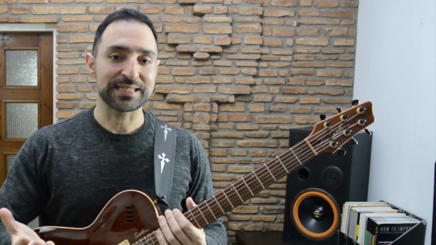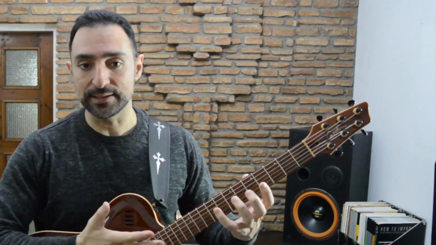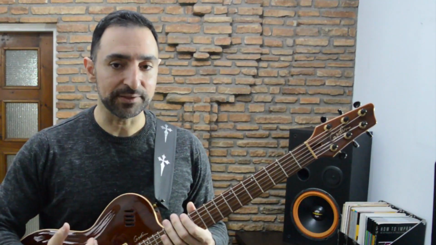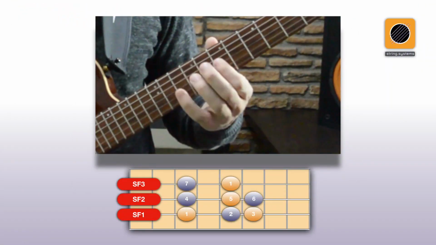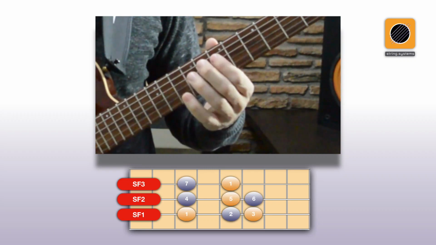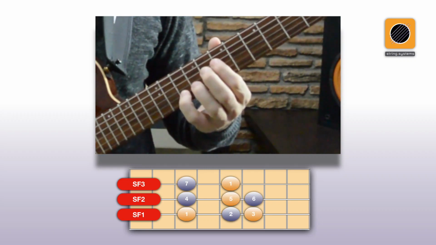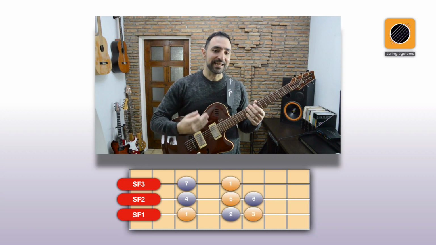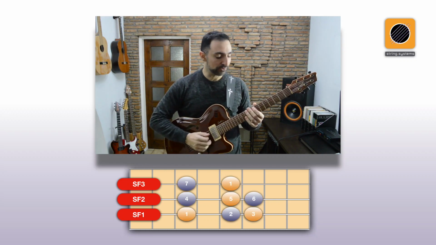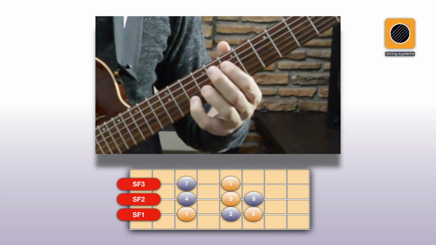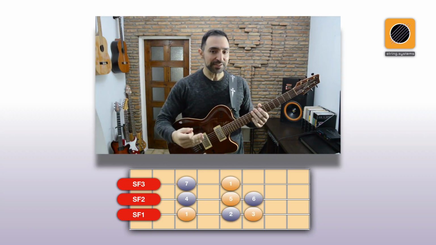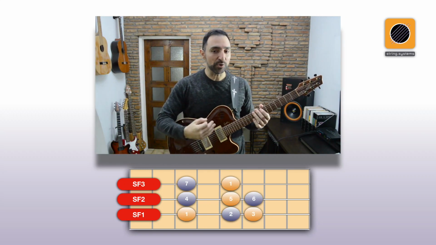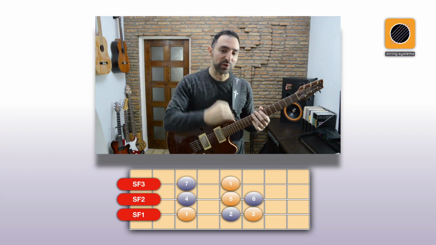For example, if the correct mode is Aeolian, sometimes called the natural minor, then my underlying string fragments look like this. And inside this fingering, I can see the minor triad. So to use the diatonic approach, I would improvise with the Aeolian mode and try to land on the triad notes.